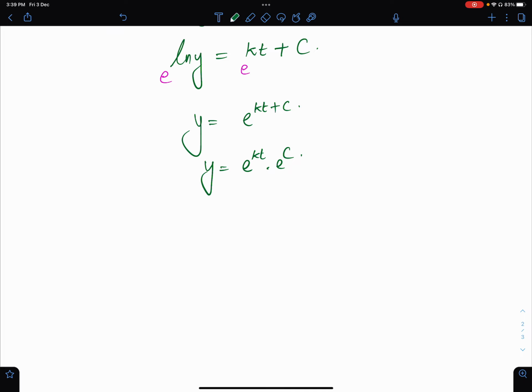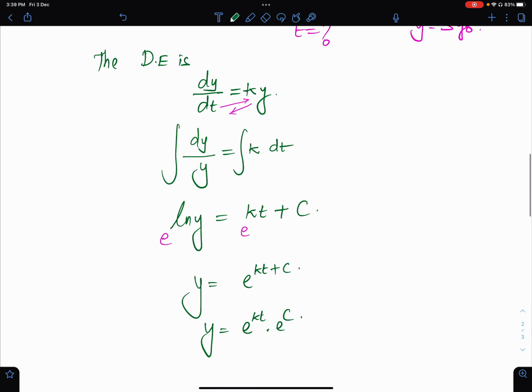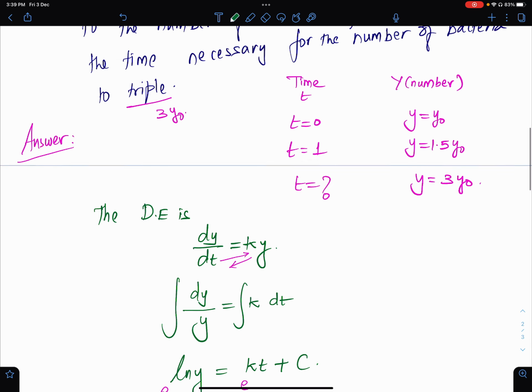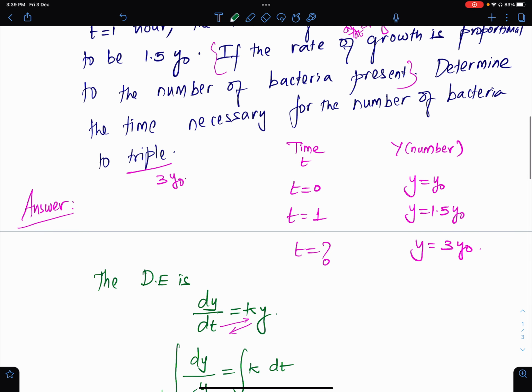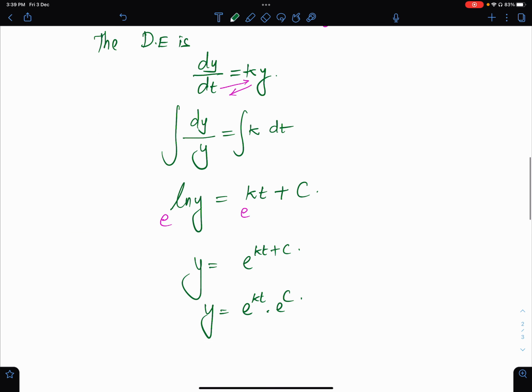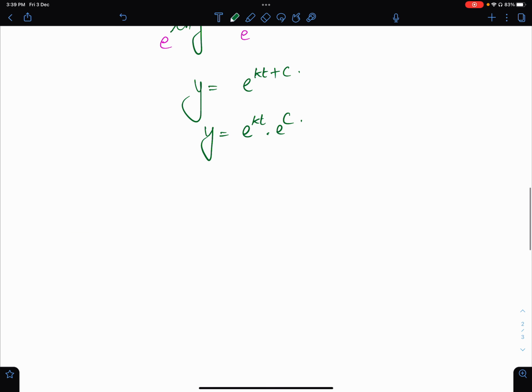This is the solution of the differential equation, but we have to find what e power c is, as well as k. Take the first condition: t equal to 0, y equal to y naught.